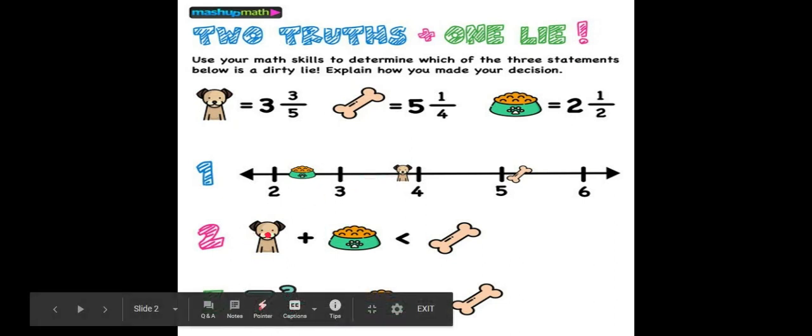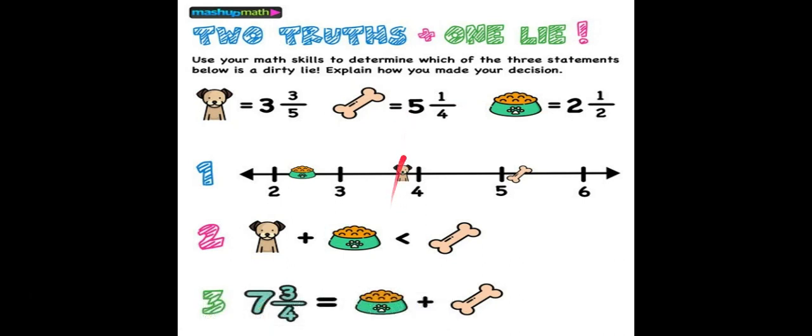Number two says the dog plus the dog bowl is less than the bone. Well, the dog is 3 3/5 and the bowl is 2 1/2. If I add my two whole numbers, 3 plus 2 equals 5. But now I'm going to think about the fractions.